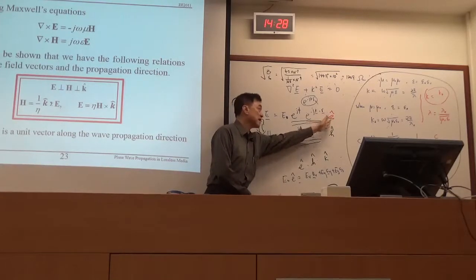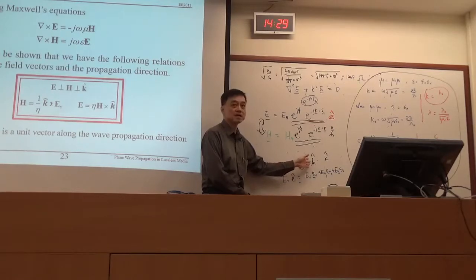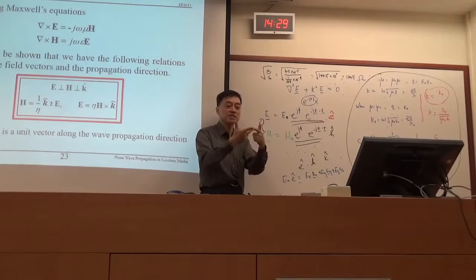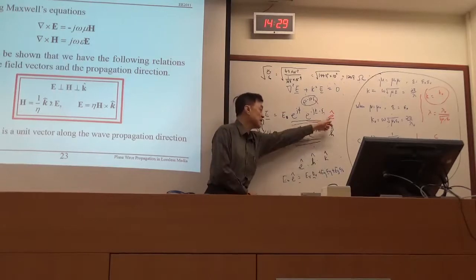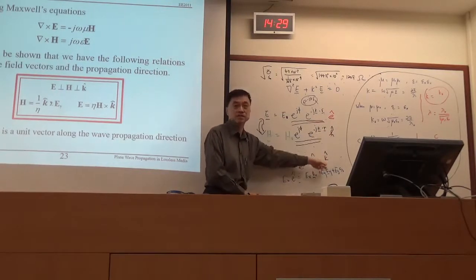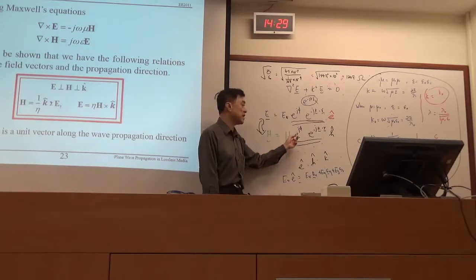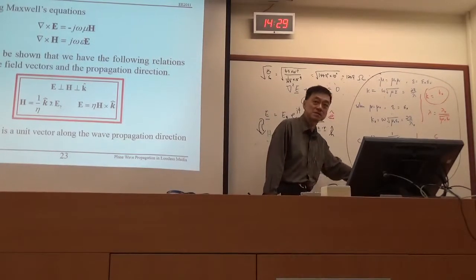But the vectors E, H, K must form a right-hand coordinate system. So if you are given E and K, you can find H. Or you are given K and H, you can find E. So it's quite easy. And the magnitudes E naught and H naught are given by E naught over H naught equal to zeta.